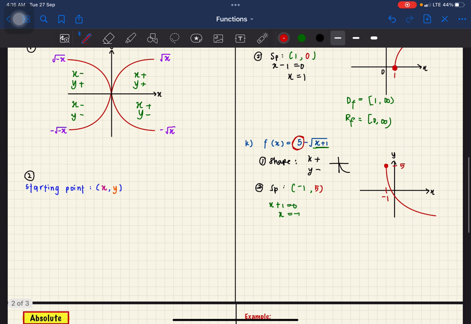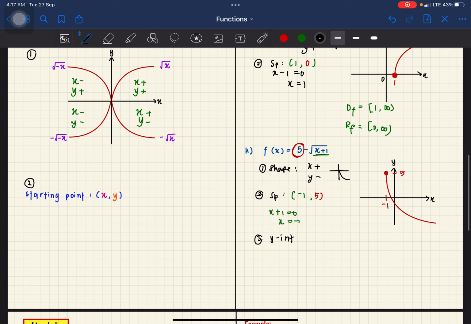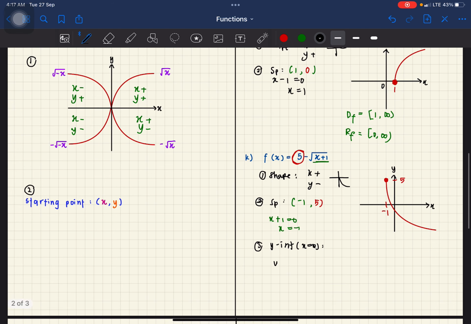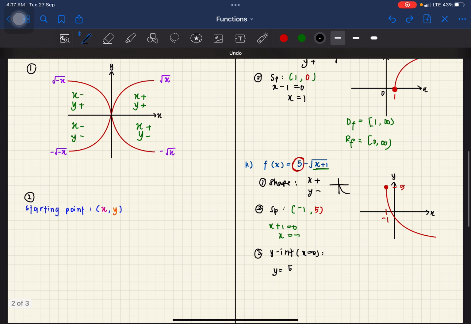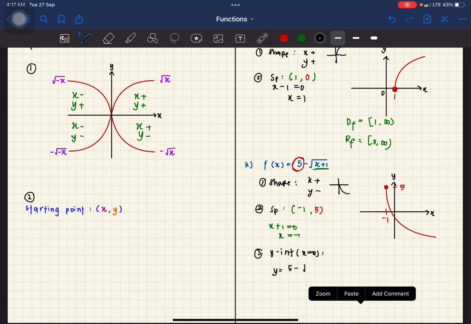Okay, so let's find the third step is the y-intercept. So y-intercept is when x is equal to 0. Okay, so maksudnya y is equals to 5 minus square root of x plus 1. So square root of x plus 1, x sekarang dah jadi kosong, so awak ada satu sahaja.